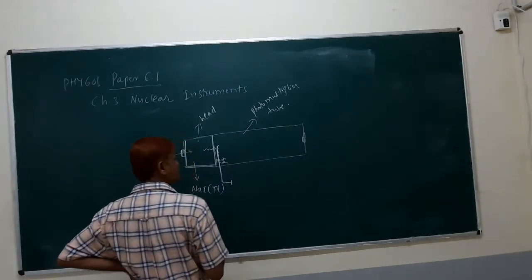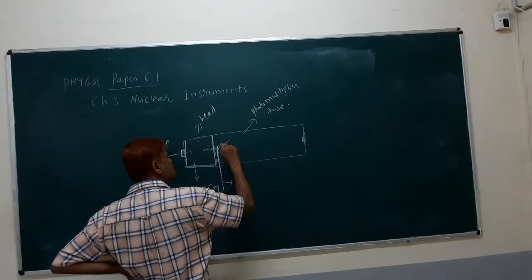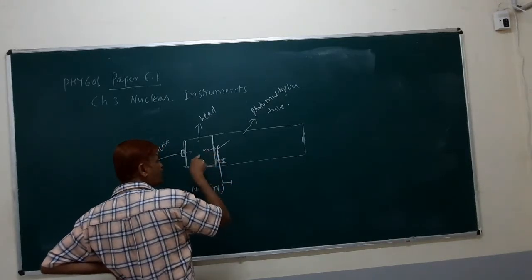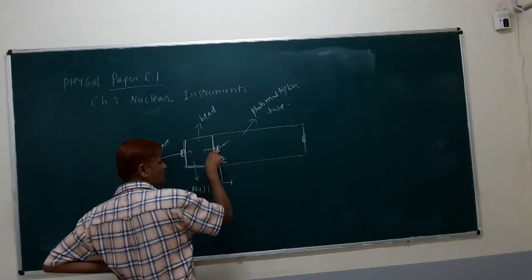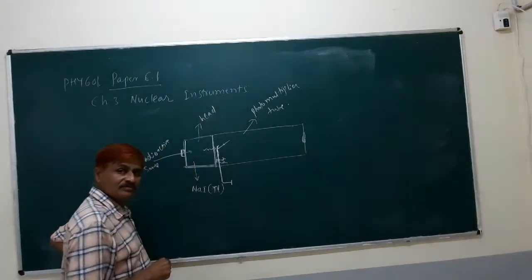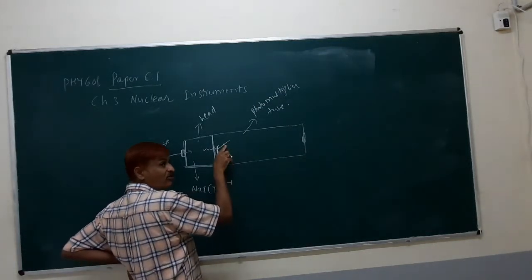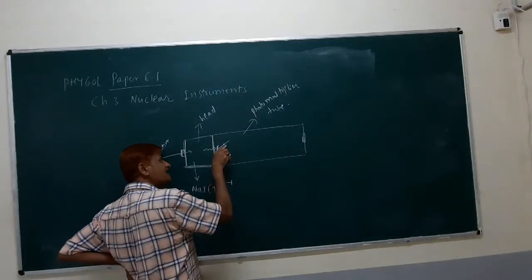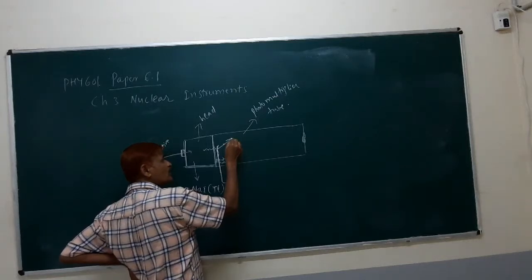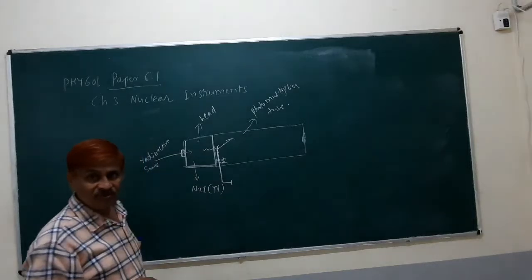Then what happens? The light coming from the scintillator, when it falls on this photocathode, produces electrons. These electrons are called photoelectrons. They are highly energetic.